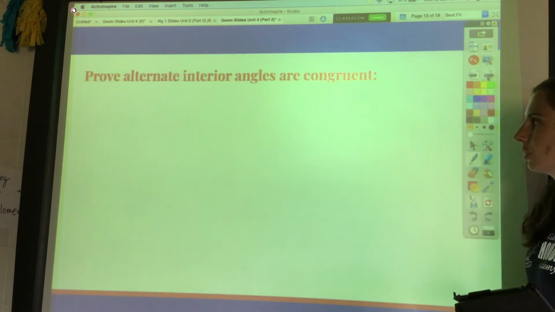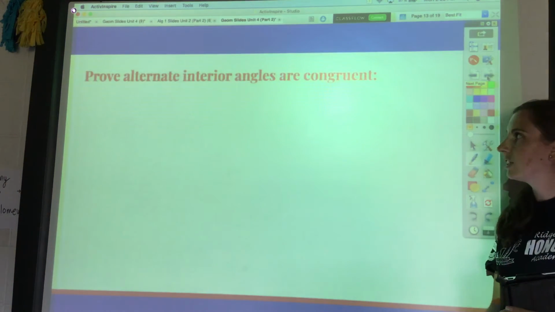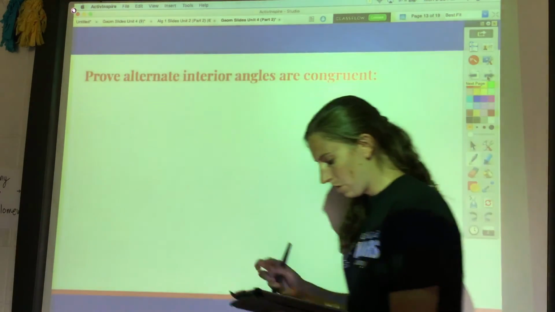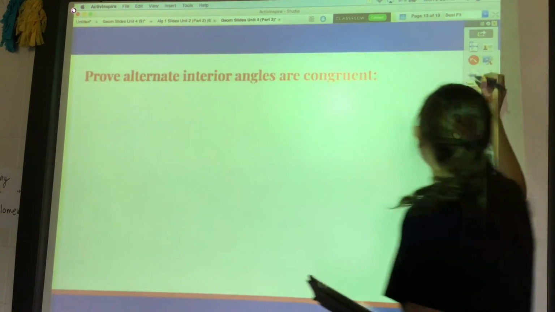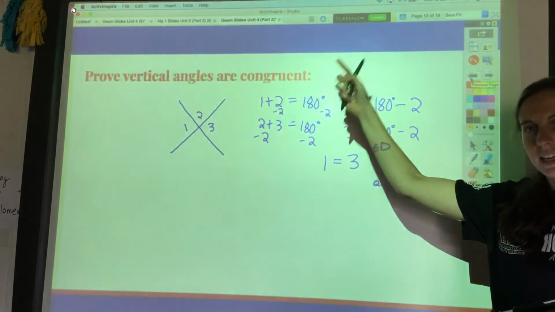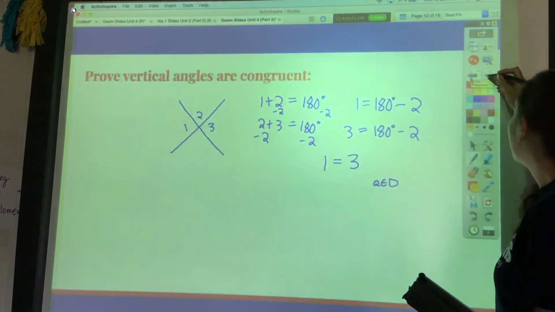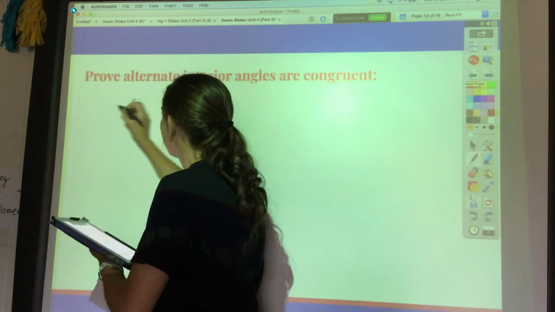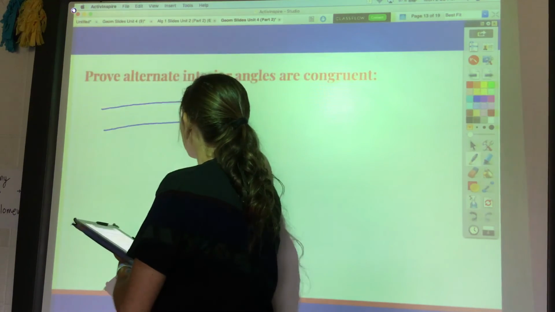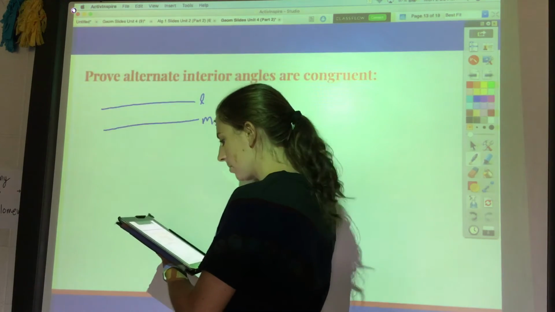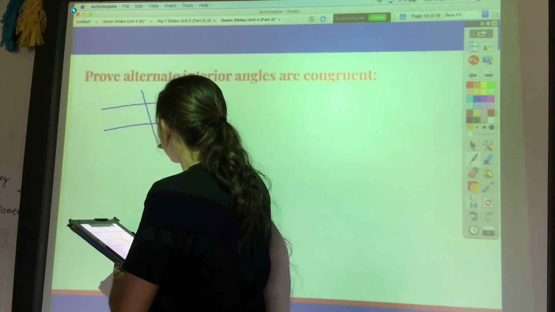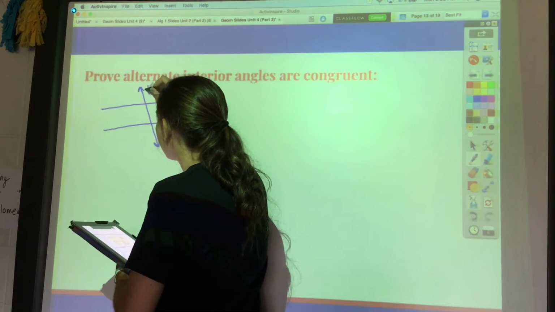We're going to do one more proof, a proof that alternate interior angles are congruent. So, now that I've proved vertical angles are congruent, I can use that in my next proof. I'm going to go ahead and draw out two parallel lines. That's what I'm going to start with. We'll call them lines L and M. And I've got a transversal that I'm going to call T for transversal.